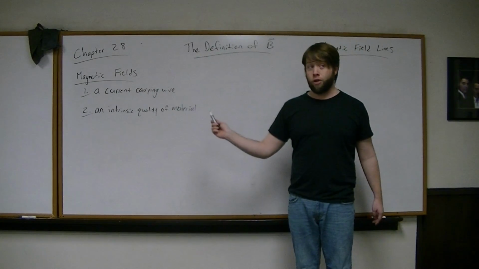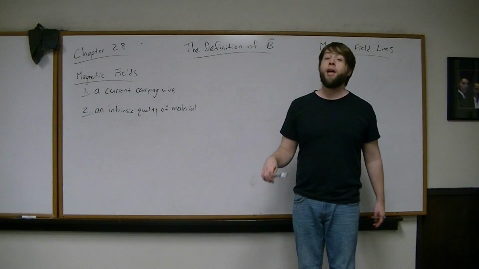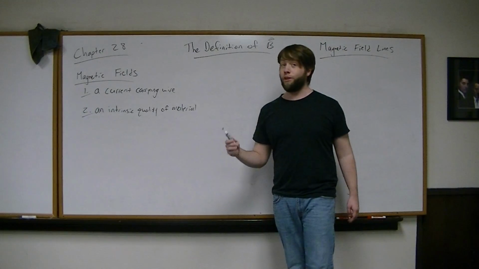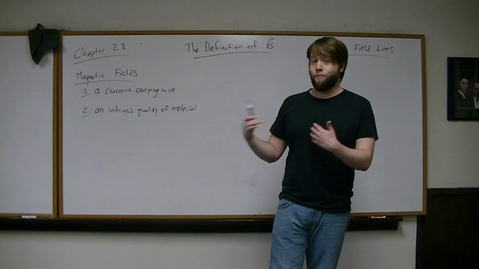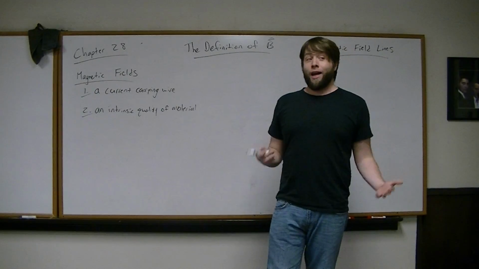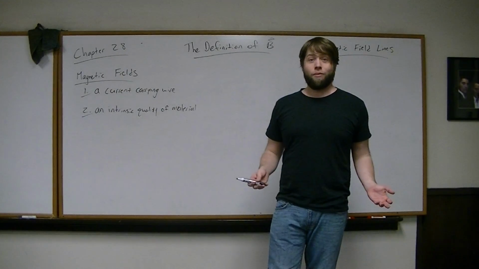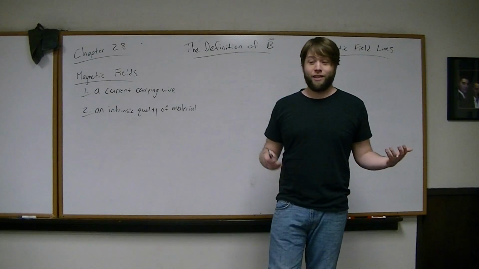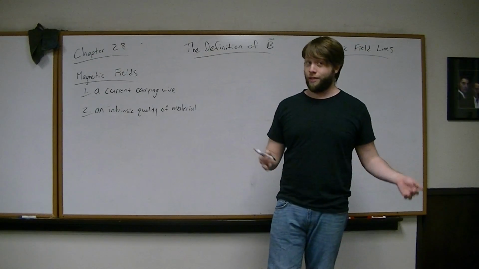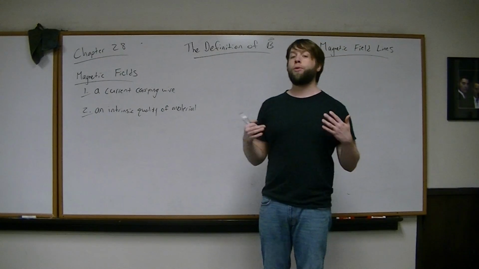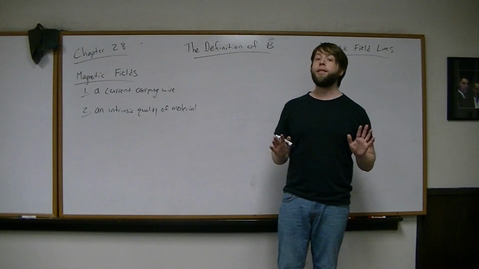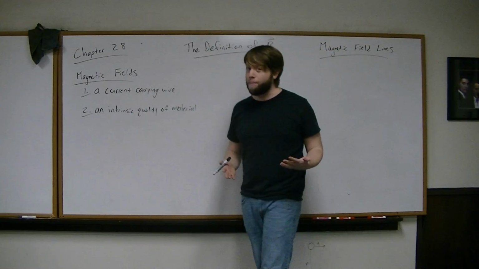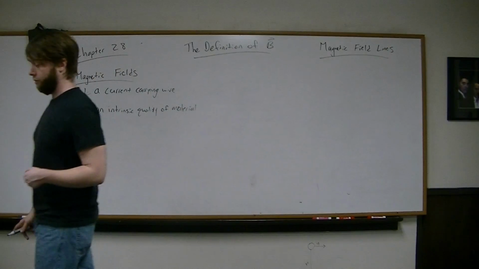So a moving particle induces a magnetic field, and magnetic fields do different things to a moving particle. So yeah, it's going to get kind of weird, and we're going to be talking a lot of, well, A does this to B, but B also does this to A. As long as you keep your thought process straightforward, it really isn't too bad, but it can get complicated a little bit the first couple times you deal with it.